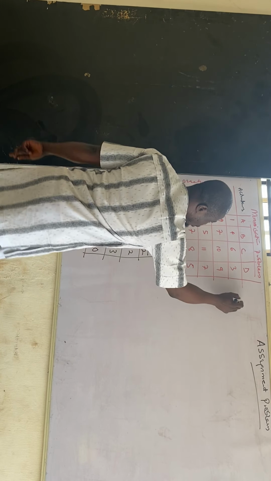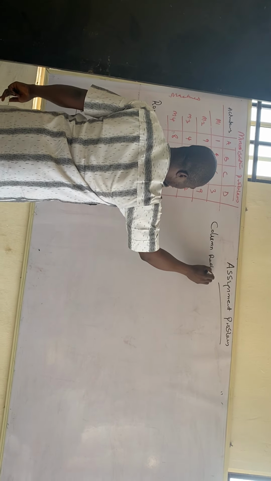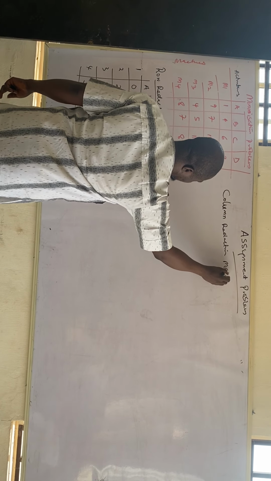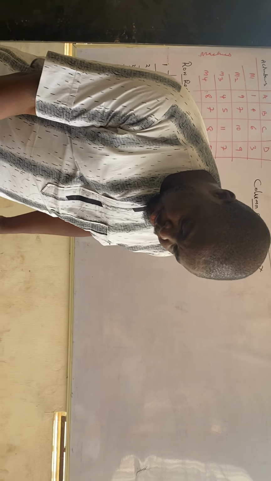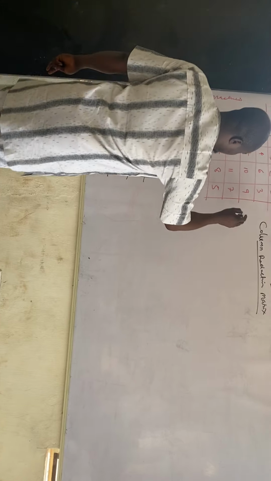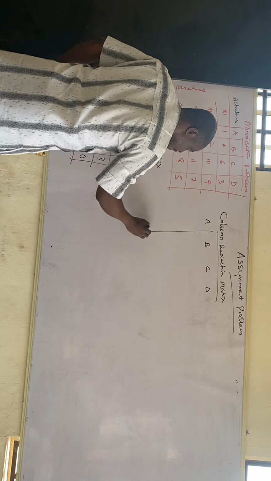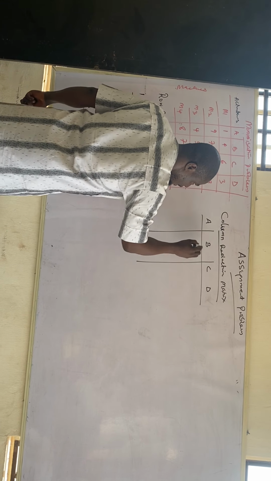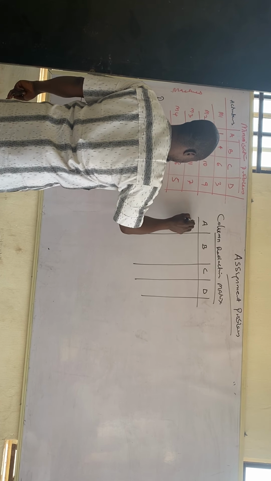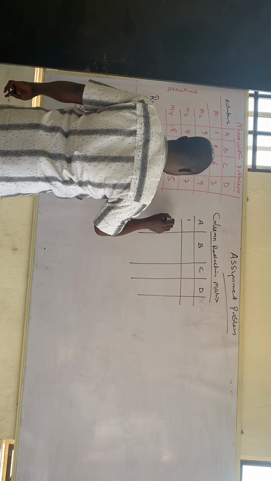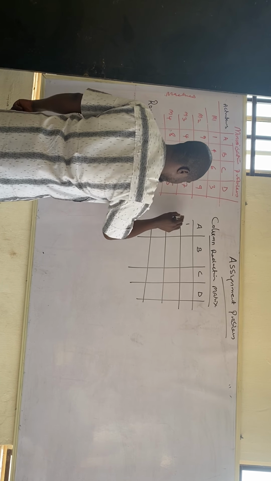Then the next step is that you do a column reduction matrix. In the column reduction matrix, you plot again A, B, C, and D, then you have 1, 2, 3, and 4 in machines.